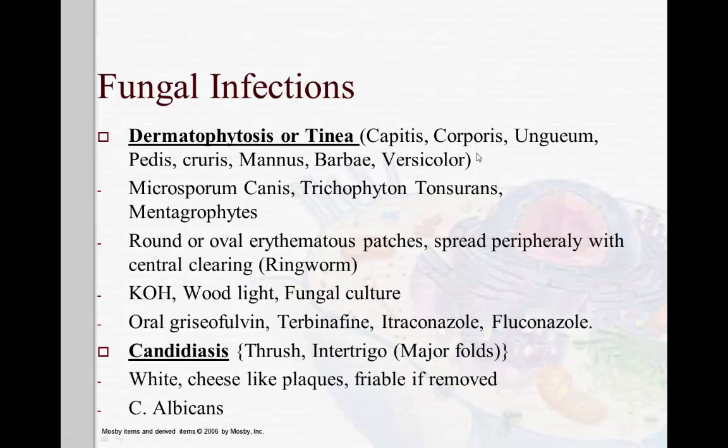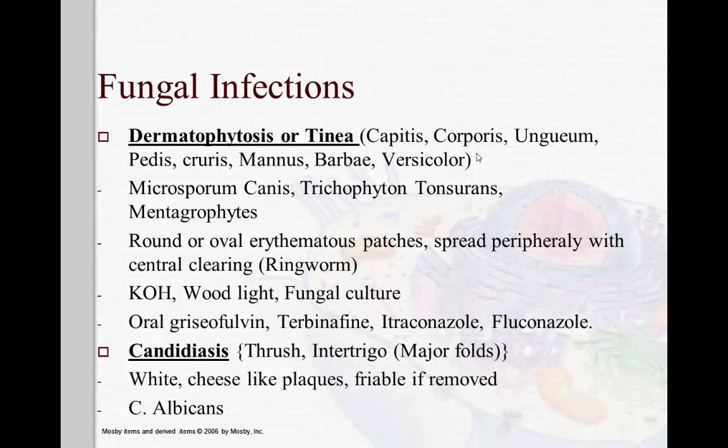Tinea corporis is another type of fungal infection produced by the same type of fungi, or dermatophyte, where the patients have pink to red annular patches. These are called ringworms, and it's diagnosed basically by KOH.